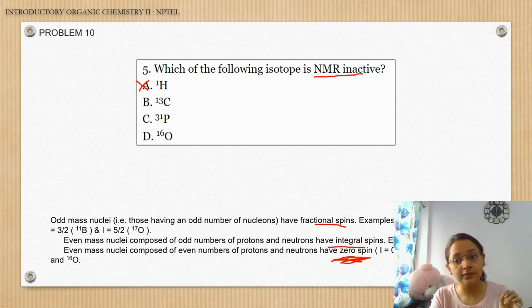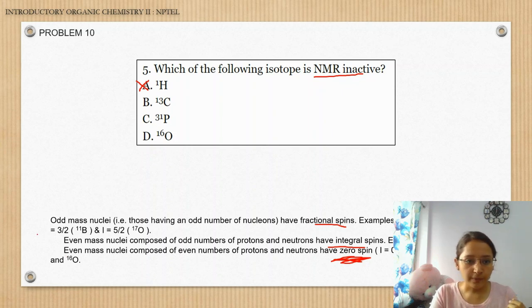But if both the atomic number and the mass number of a nucleus are even, then they possess zero spin, guys. So keep in mind that if both the mass number and atomic number of a nucleus are even, it is not going to give you an NMR active species. It is not going to give you any spin. It is not going to align in the external magnetic field which you are applying. Just keep that in mind, please.